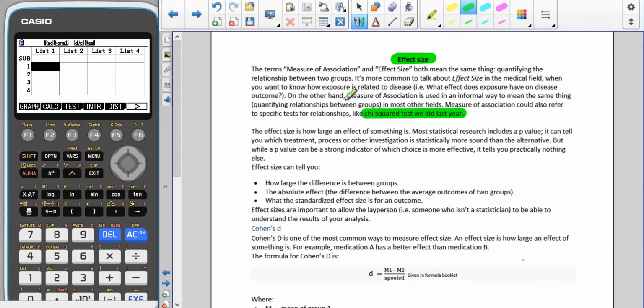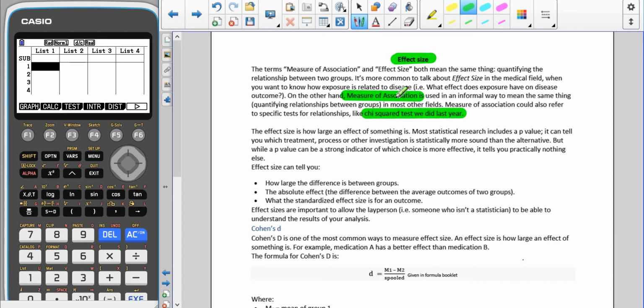We were seeing if there was a relationship between the two groups, for example, the colour of the snail and the location that the snail was found.